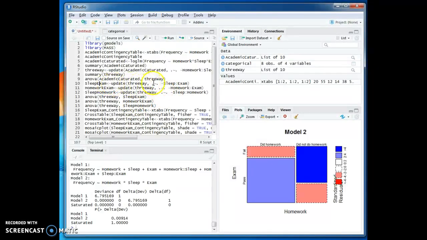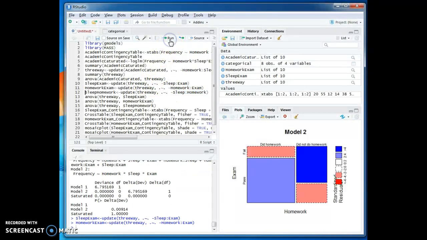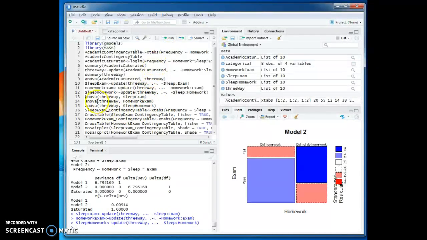Right here, we remove the sleep and exam interaction, the homework and exam interaction, and the sleep and homework interaction. We run those functions to remove the interactions. Then we have an ANOVA function to get a summary of those models compared to the saturated model.